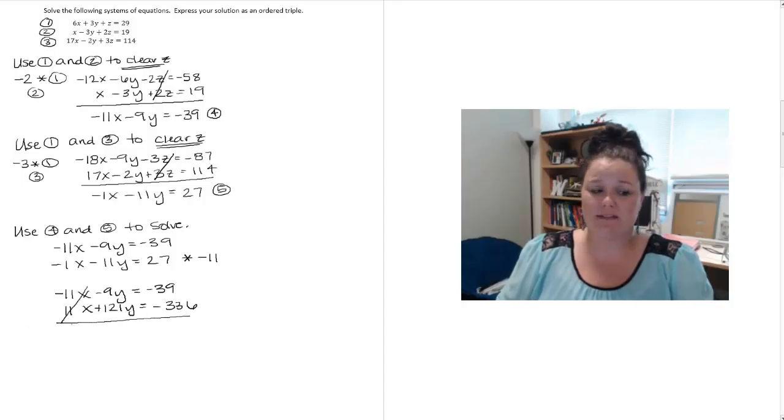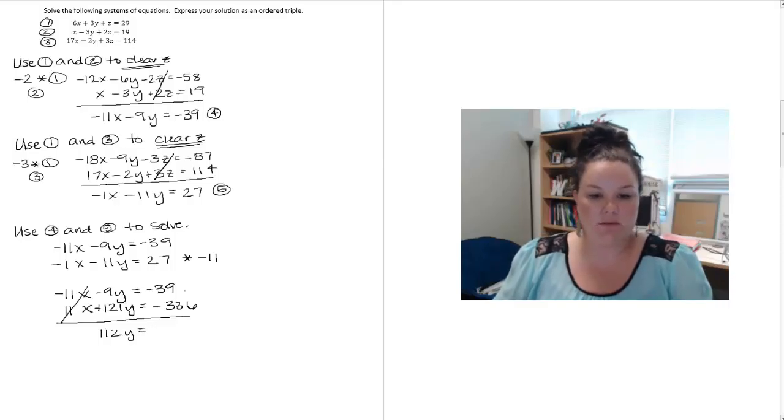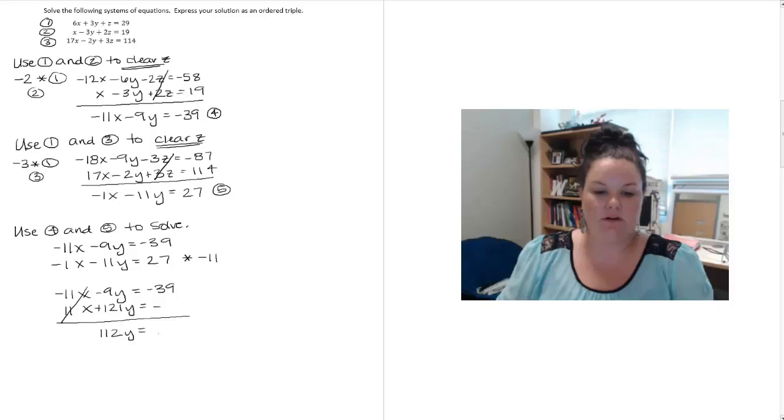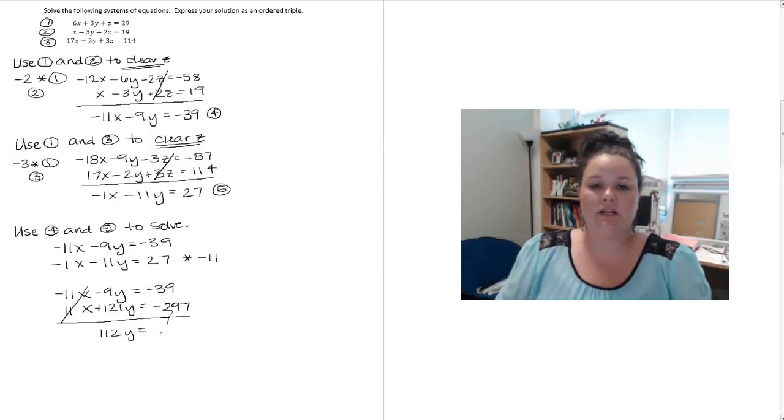My x's will cancel, and I'm left with 112y is equal to, oh no, I wrote the wrong number. I'm sorry. This number right here should have been, when we multiply by negative 11, I should have gotten negative 297. Sorry about that. So negative 39 and negative 297 is negative 336.